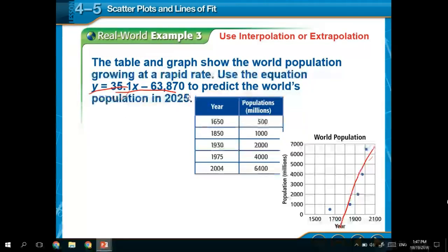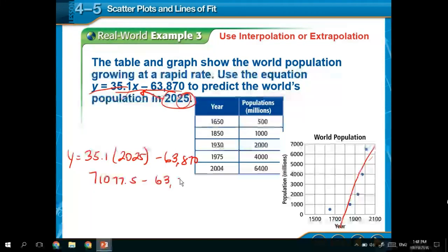We could use that to predict the population in the year 2025. So to do that, I'm putting in 2025 for x. So I'm just going to say y equals 35.1 times 2025 minus 63,870. So 35.1 times 2025 is 71,077.5 minus 63,870.